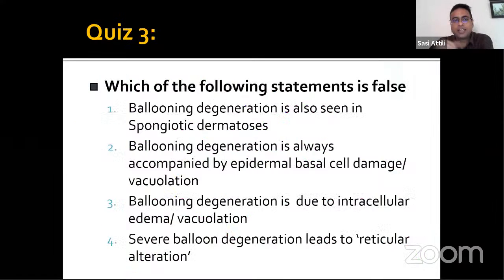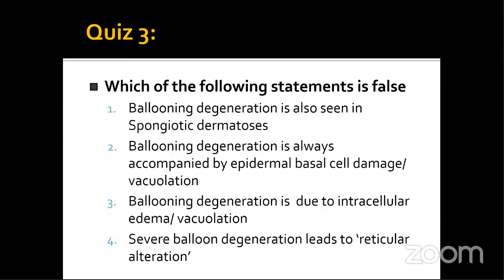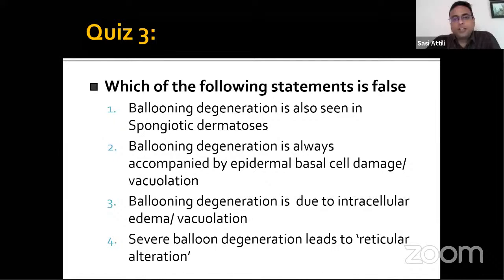Okay. So here's the next question. Madam, if you can please let me know the answers in the chat box. Yes, sir, sure. Which of the following statements is false? Number one, ballooning degeneration is also seen in spongiotic dermatosis. If it is false, type 1. Ballooning degeneration is always accompanied by epidermal basal cell damage or vacuolation. If it is false, type 2.